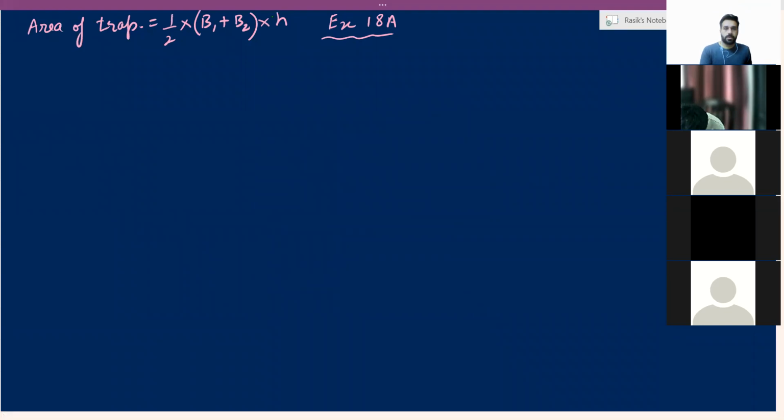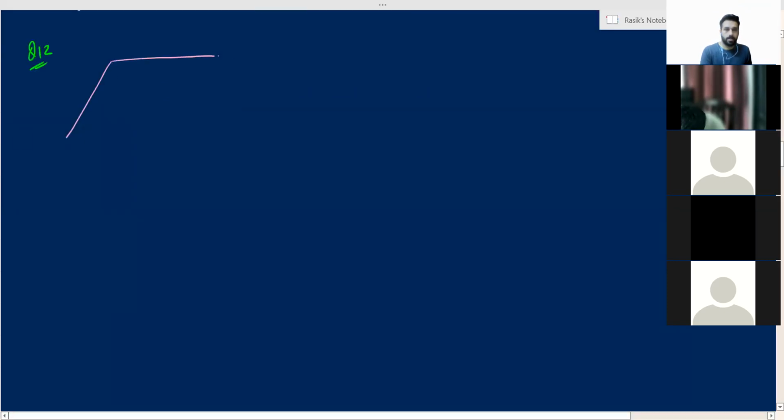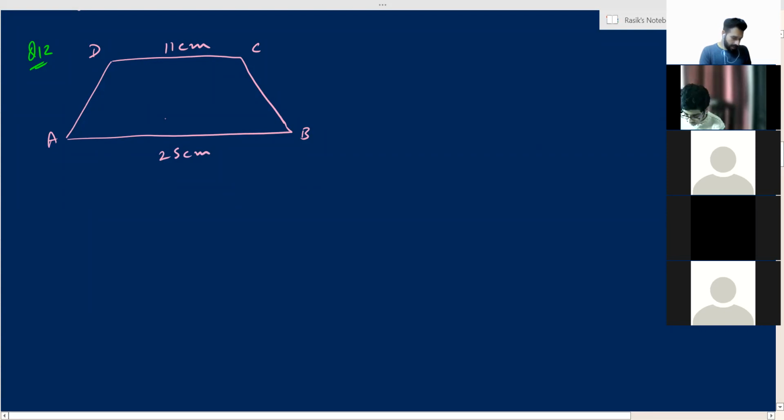So, question number 12. There is a trapezium again, A, B, C, D. Now, in this trapezium, the parallel sides are 11 centimeters and 25 centimeters respectively, while its non-parallel sides are 15 and 13.